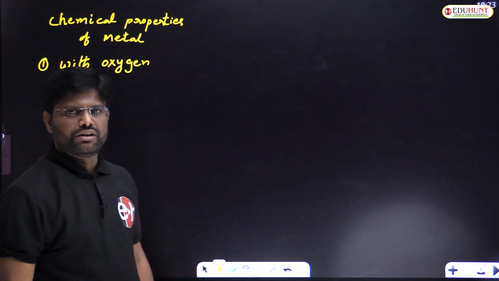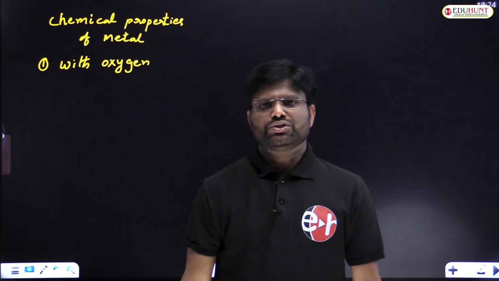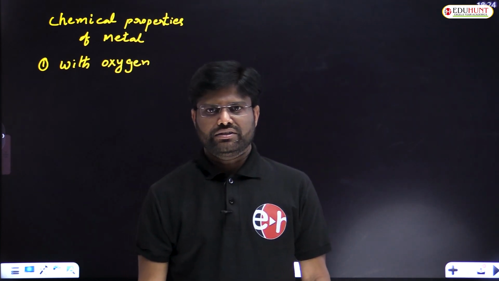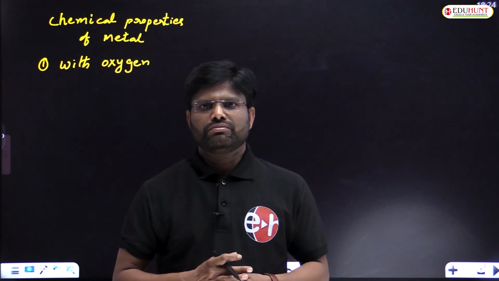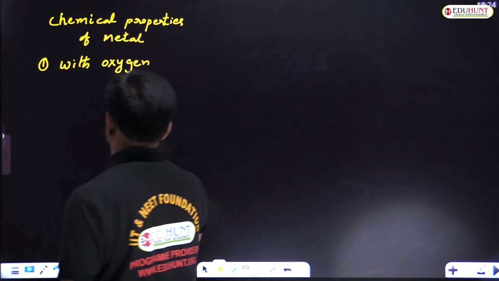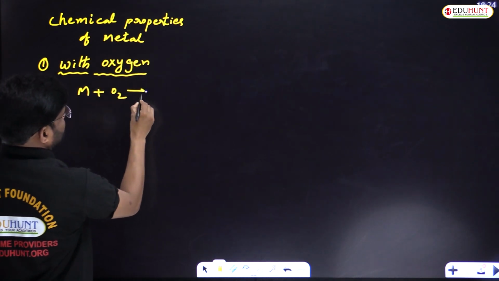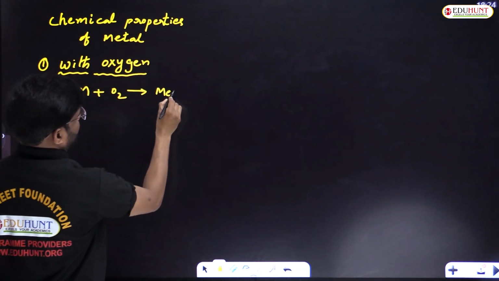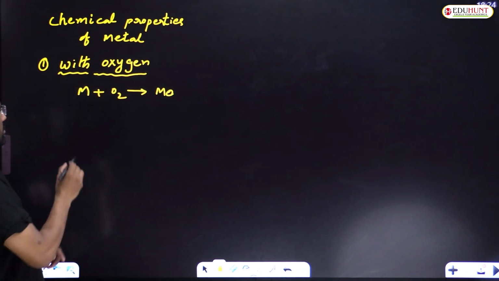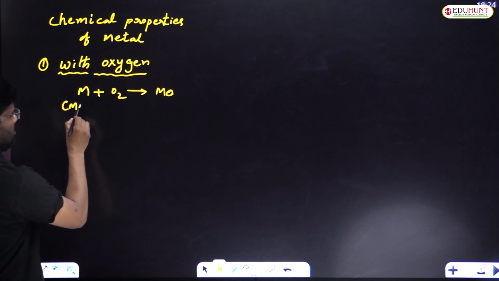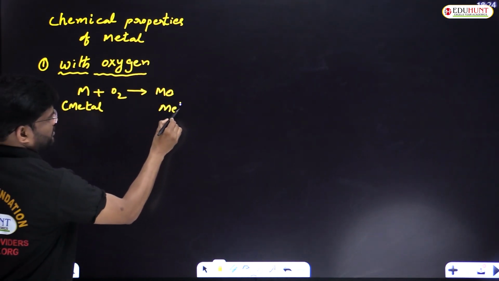The first metal I am taking is potassium. Potassium reacts with oxygen to form potassium oxide. That potassium is a metal, and it reacts with oxygen to form a metal oxide.